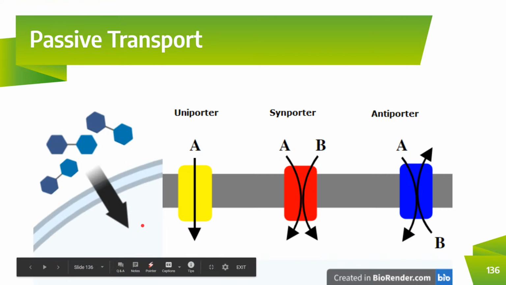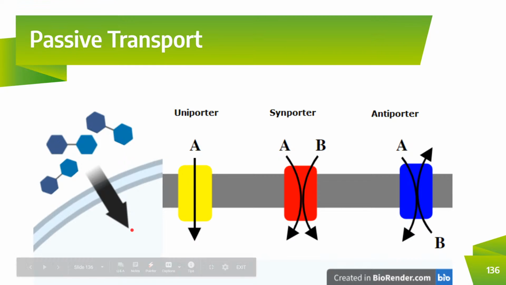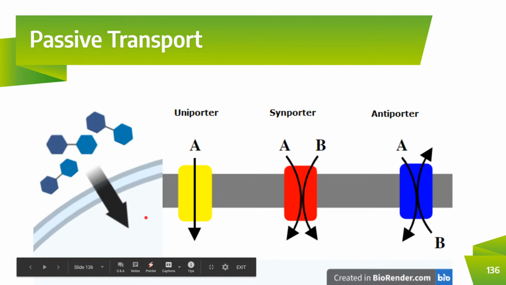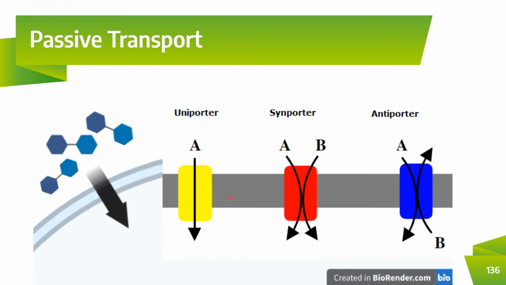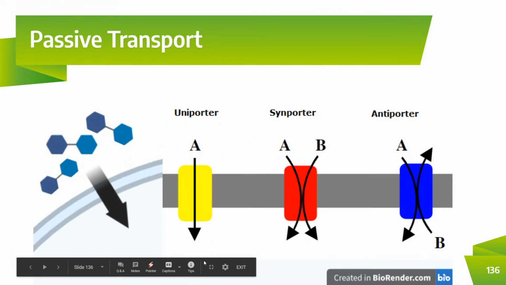On the one side, water wants to go out and dilute the sugar, and on the other hand, sugar wants to go in and even out the concentration. This can be easily facilitated by using these kinds of pores, proteins that form holes and then transport this molecule from one side to the other. So it can be as simple as a hole.